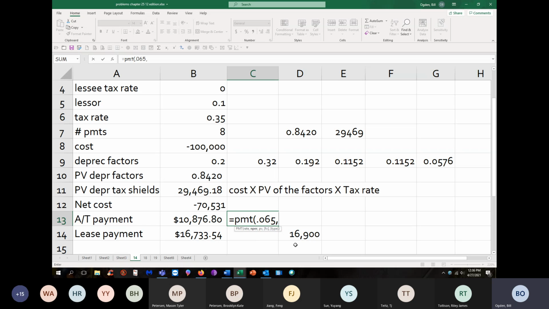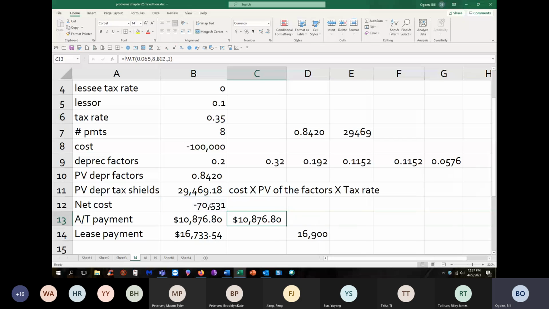then the number of periods. This will be an 8-period annuity, and the present value will be this 70,000 number, and then we'll put that at the beginning of the period in Excel, and we're done.